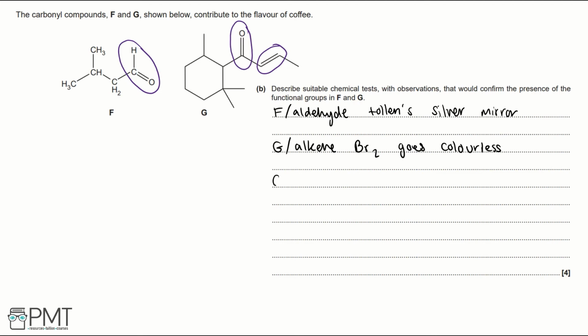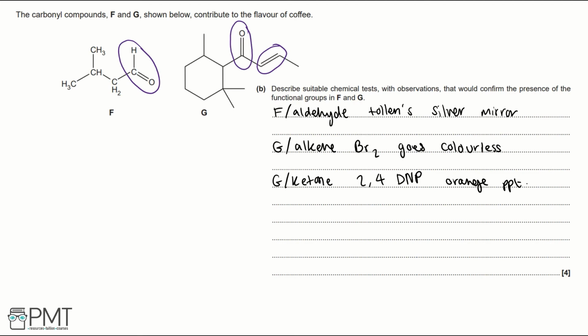And then we can look at G, the ketone. So the test for a ketone is 2,4-DNP. And if there's a ketone present, there'll be an orange precipitate formed.